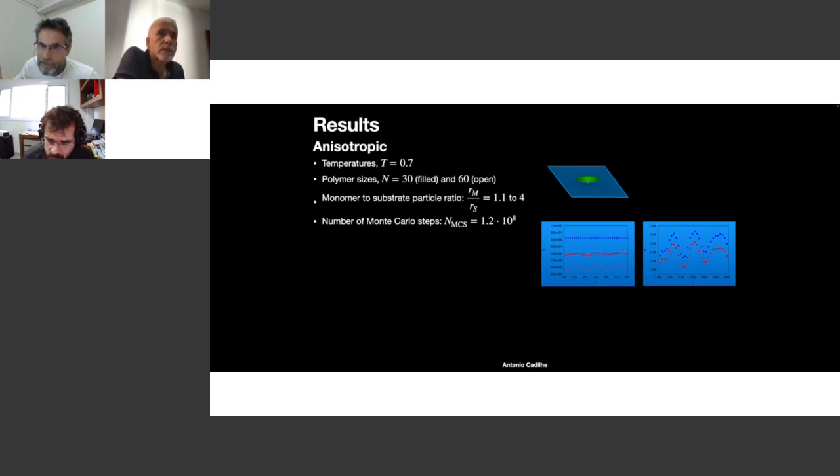Is there any application? Yes, they have applications. What they form is a matrix of polymers with these nanoparticles present in it, and this can be used for radiation detectors and so forth.